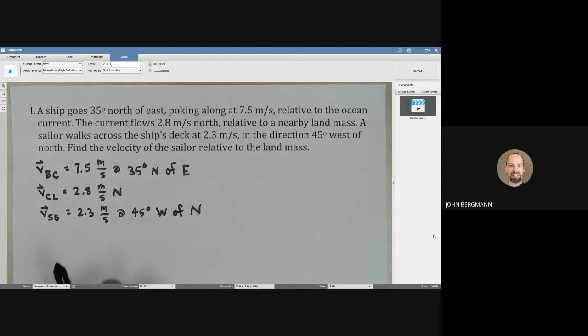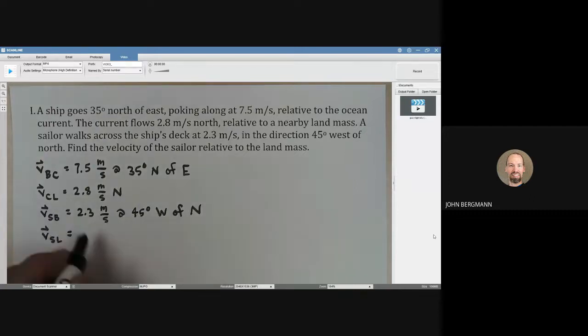And what we want is the velocity of the sailor relative to the land. Let's see if we need to flip any of these vectors that are given, or maybe we just use them as is. The way we do that is we always make sure that the first letter matches up here.